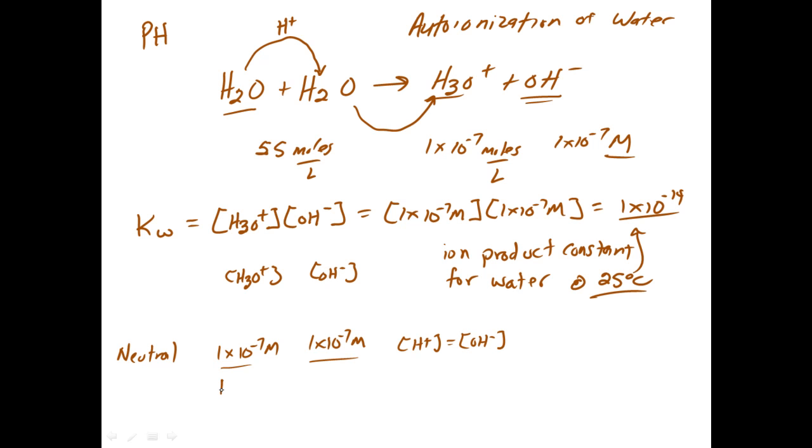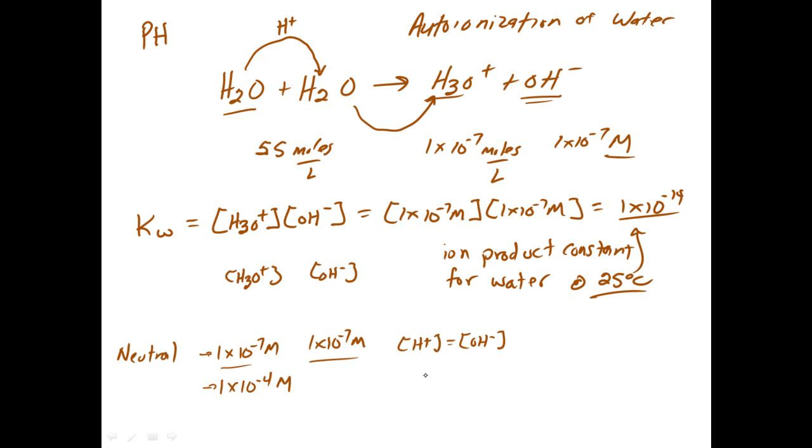Now, if I increase the concentration of the hydronium ion to 1 times 10 to the negative 4th molar, and that is an increase. This is a larger number than 1 times 10 to the negative 7th. When I multiply this concentration times the hydroxide ion concentration, I must get 1 times 10 to the negative 14th.